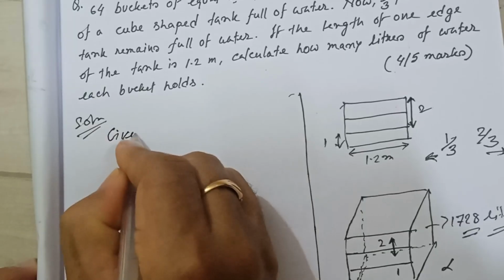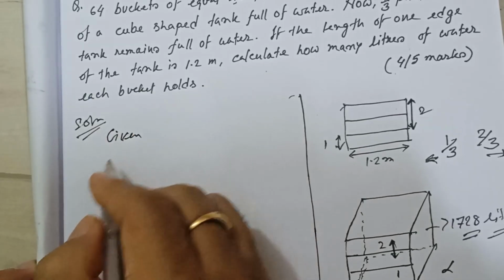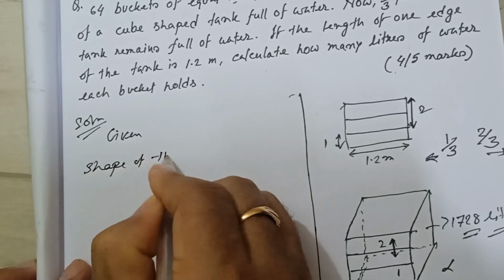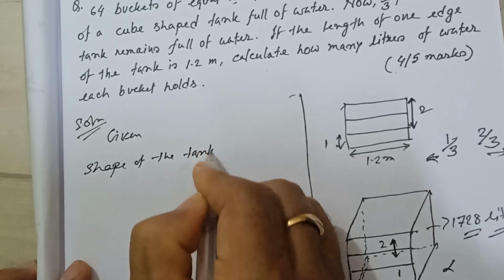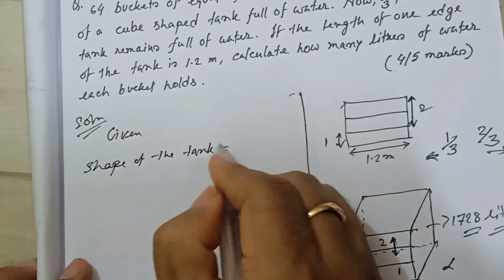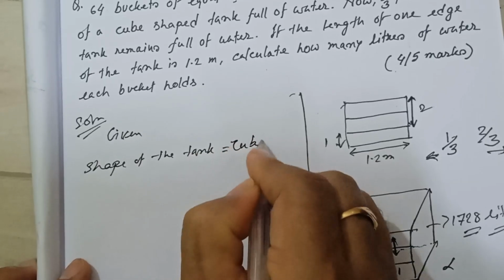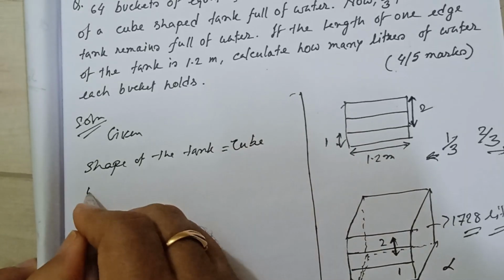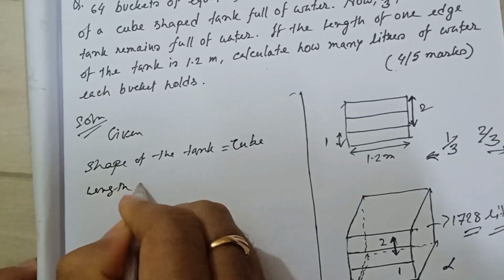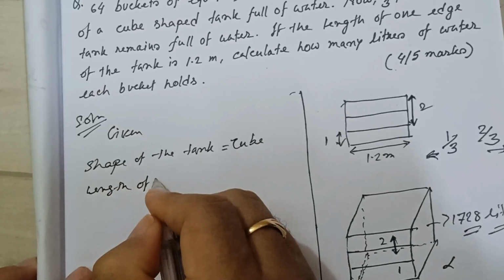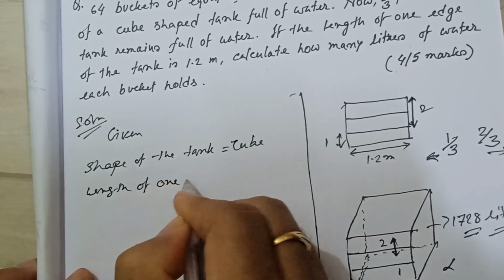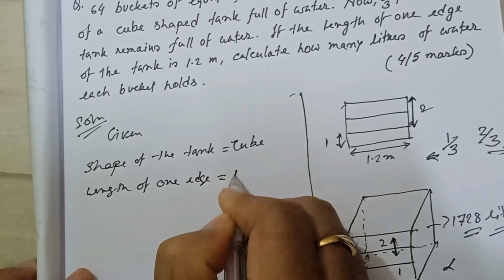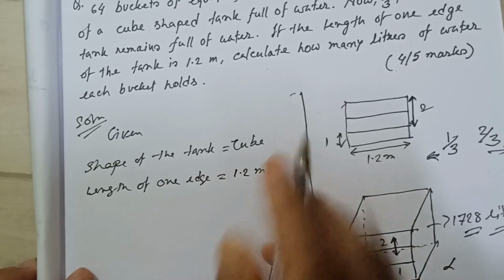Okay, we have some given information, that is, the shape of the tank, it is a cube. Fine. Length of one edge is 1.2 meters.